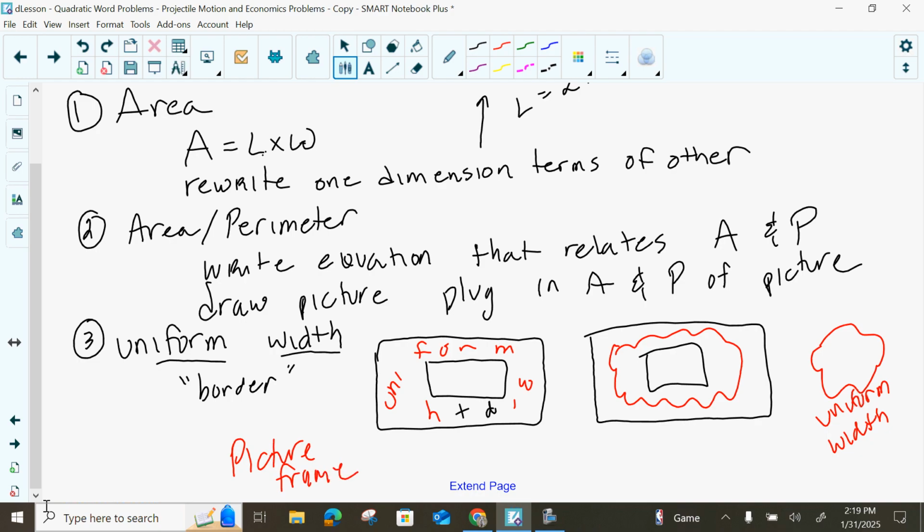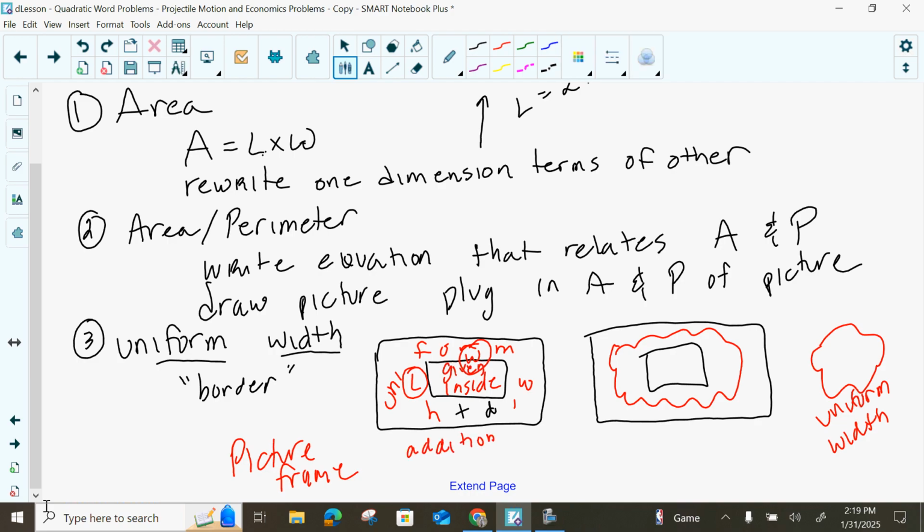So we can be given 2 types. If I'm given inside dimensions, an L and a W, then I'm going to use addition to get the outside dimensions.